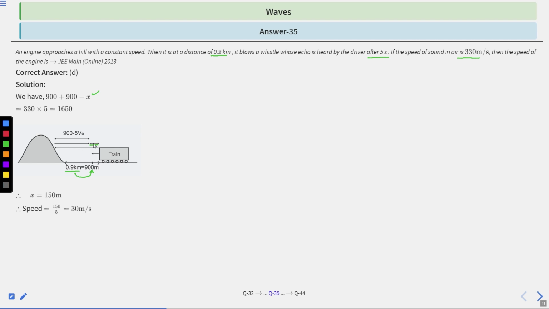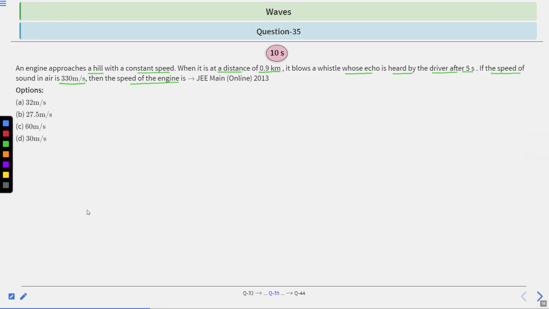In that case, the distance between train and hill is 900 minus 5v. So we have 900 plus (900 minus x) equal to 330 multiplied by 5, which is 1650. So x is equal to, after solving this, 150 meter, and speed is 150 divided by 5, which is 30 meter per second. Clear? So 30 meter per second is the correct answer.